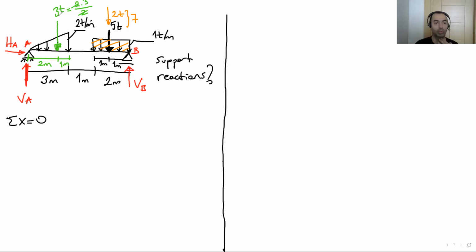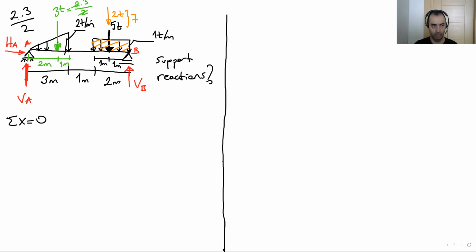This one? Yes. Okay, we have a triangular distributed load, right? Don't think about the shape. If we have a distributed load, to convert it to a concentrated load, we calculate the area. Look at this one. We have a triangle. As you can see here, this is 2 times 3 over 2.